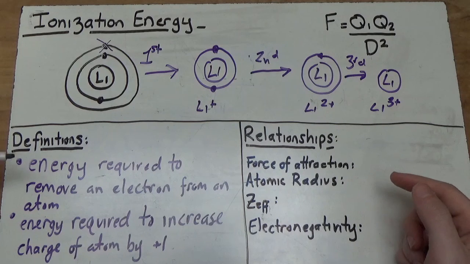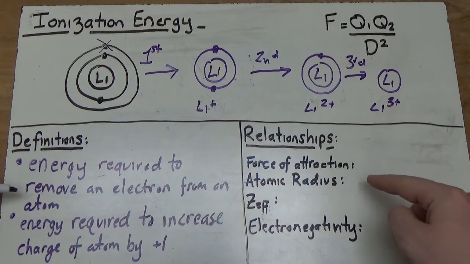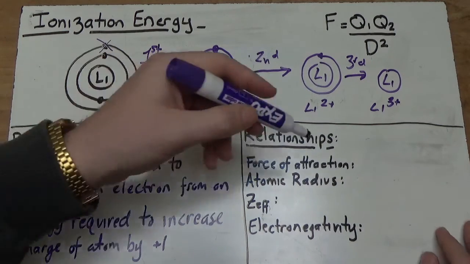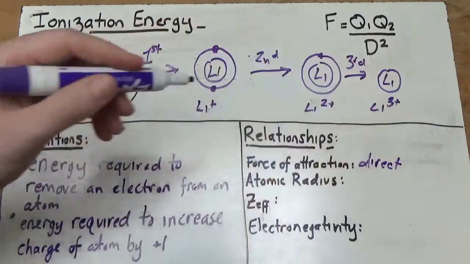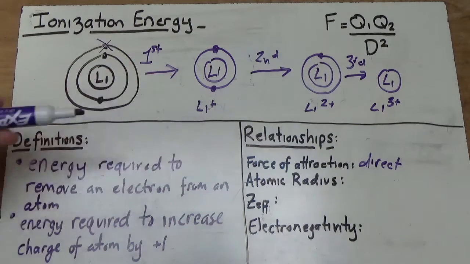It is the energy required to remove an electron. What do you think its relationship is going to be to the force of attraction? That's right, these are direct. If the electron is harder to remove, it's harder to remove because it is more attracted.